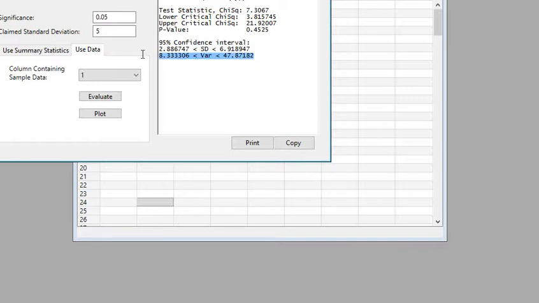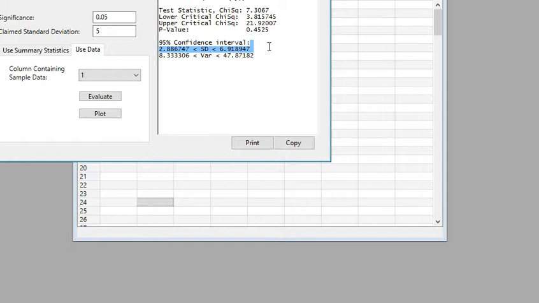The problem with using the variance is that the units there would be in miles per hour squared, which is kind of a strange unit. So we're much more comfortable using this one, standard deviation. So the standard deviation is somewhere between 2.89 and 6.92 miles per hour.